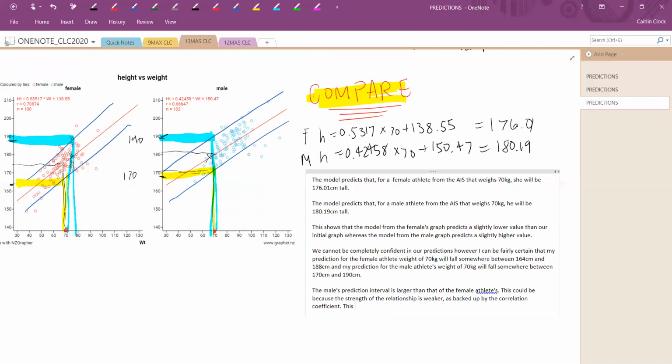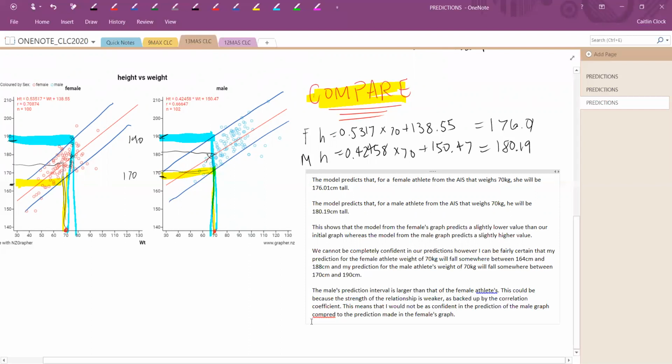Okay, this means that I would not be as confident in my prediction, the prediction of the male's graph compared to the prediction made in the female's graph.